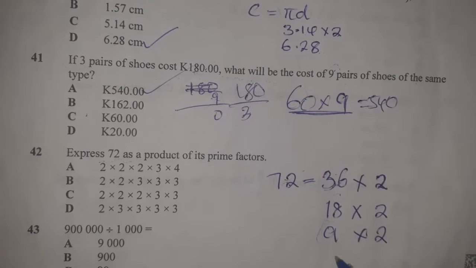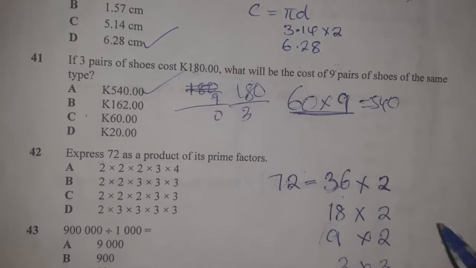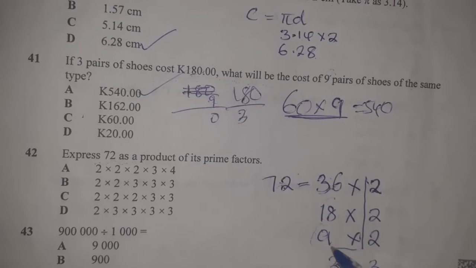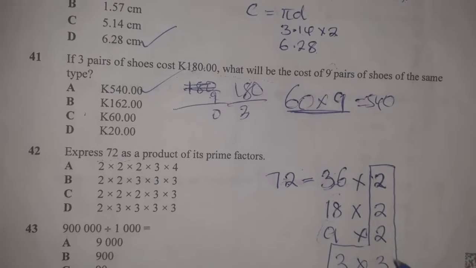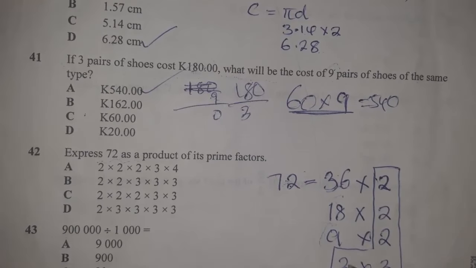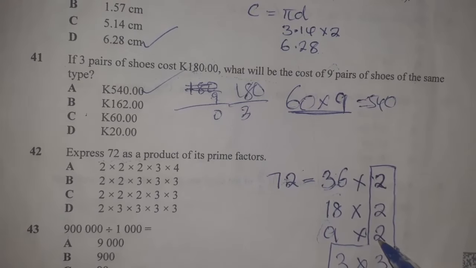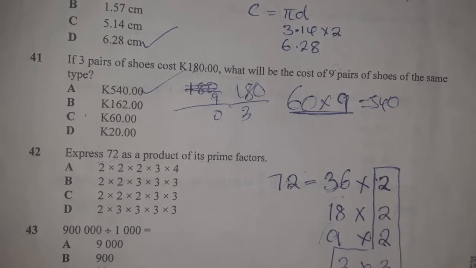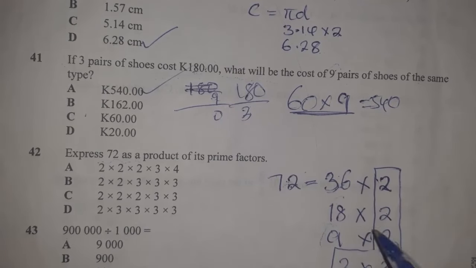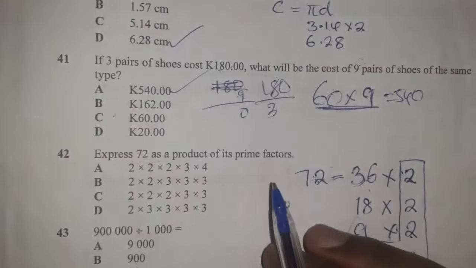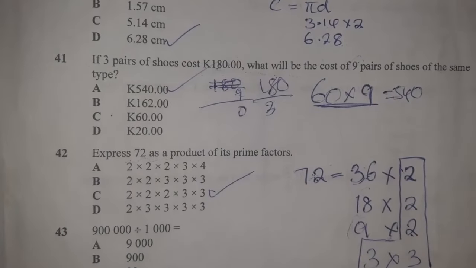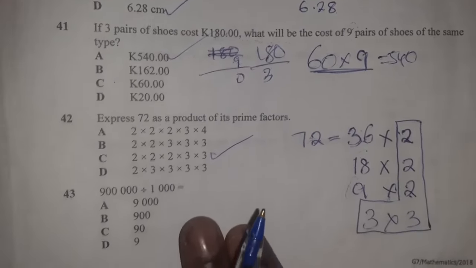Yes. How many times? 3 by 3. So we need to multiply these. When you multiply these ones, they are the ones that will give us 72. When you multiply this and this one and this one, they'll give us 8. So 8 multiplied with this will give us 9. We get that one. So where do we have that? This one. So answer.